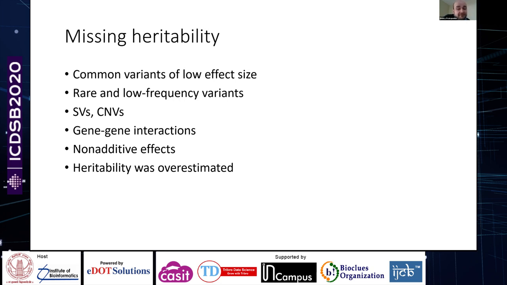You need to increase the power to identify such variants. Other possible reasons include structural variations, gene-gene interactions, non-additive effects, and maybe the heritability from twin studies was simply overestimated, for example, by shared environment.